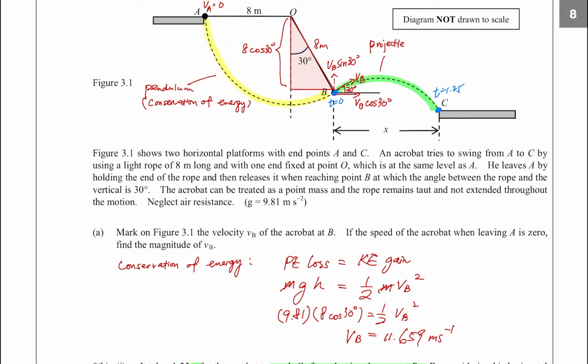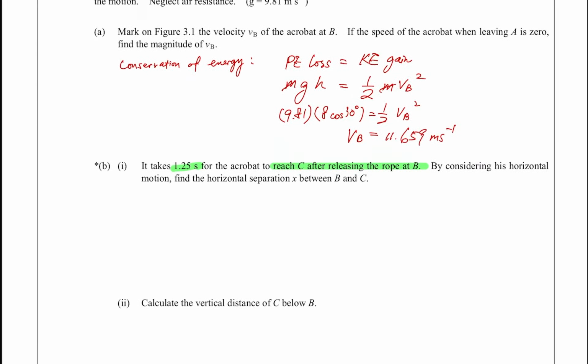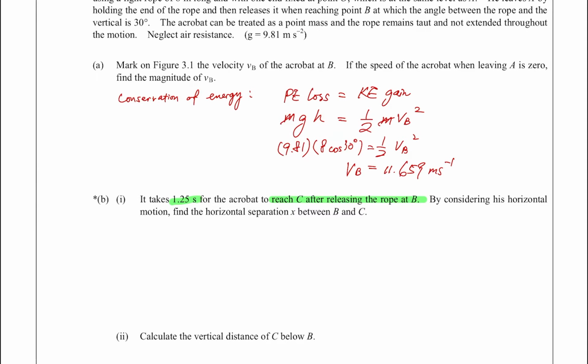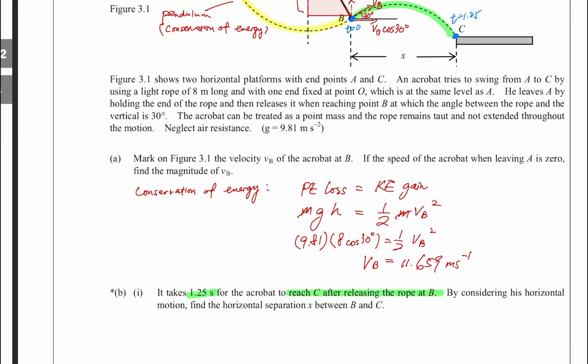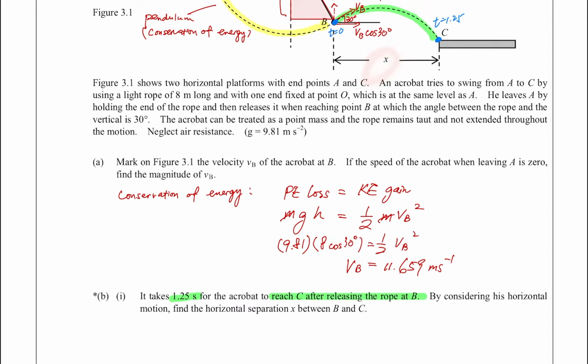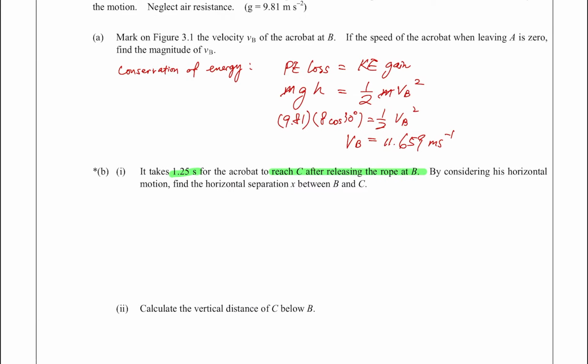So it takes 1.25 seconds to go from B to C. By considering its horizontal motion, find the horizontal separation between B and C. The horizontal speed is VB cosine 30, the time taken is also known, so now we want to calculate x.